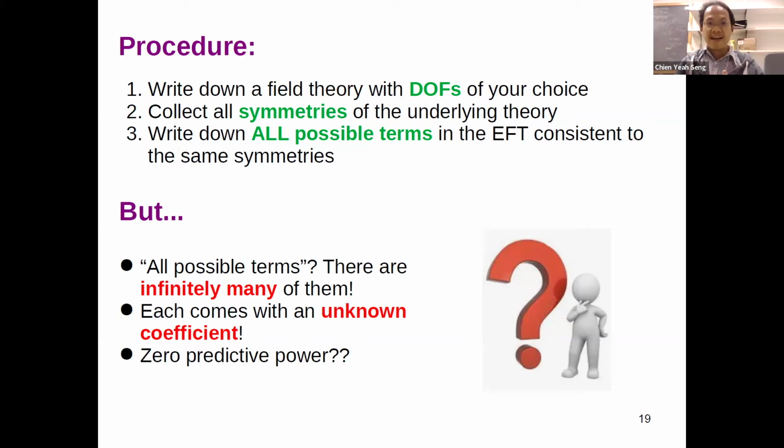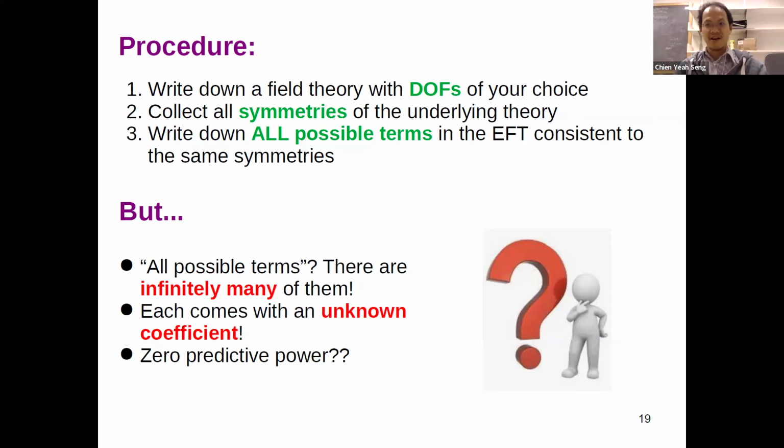And then the second thing is that you want to fix the symmetry of the theory. For example, you want the theory to be charge conjugation invariant, parity invariant, and to have some flavor invariance. And then with this symmetry of your choice, you want to write down all the possible terms in the Lagrangian that satisfy this symmetry. You want to write down as many terms as you can, and that forms the most general Lagrangian.